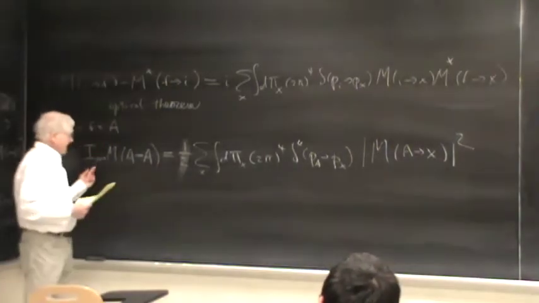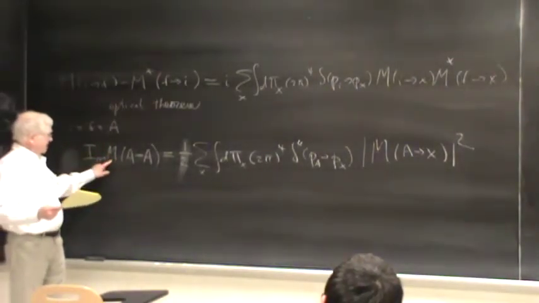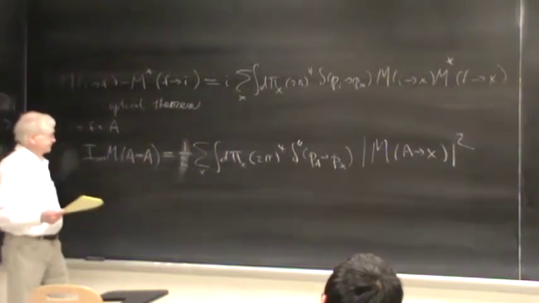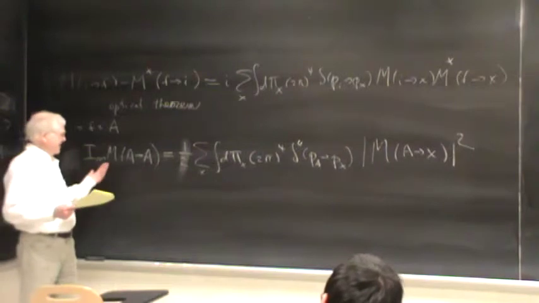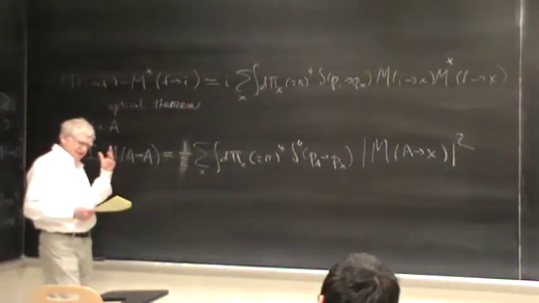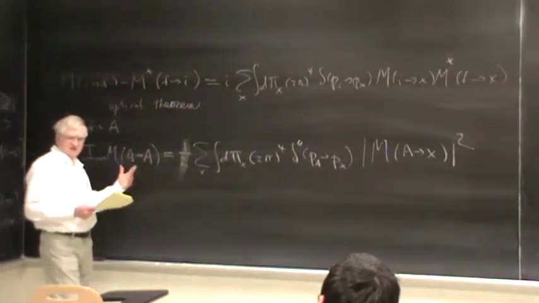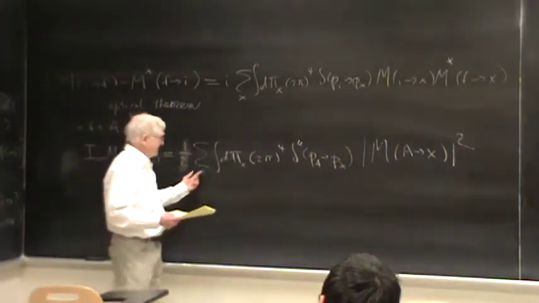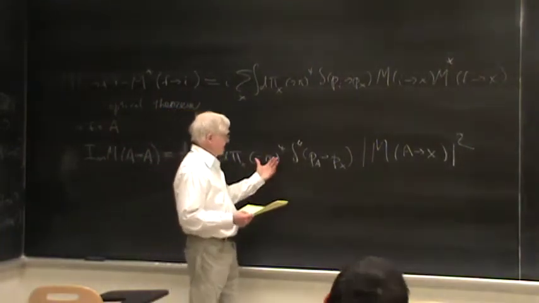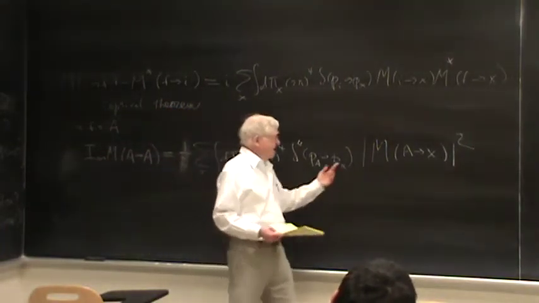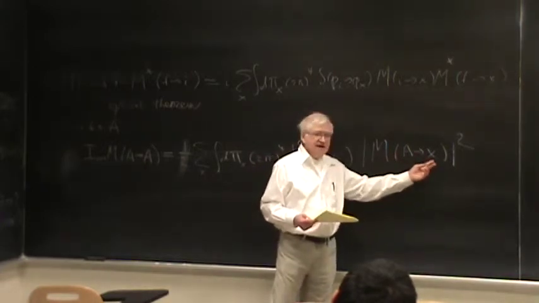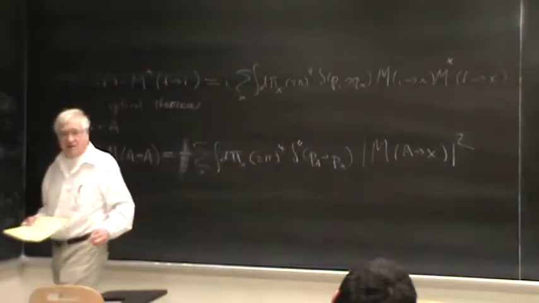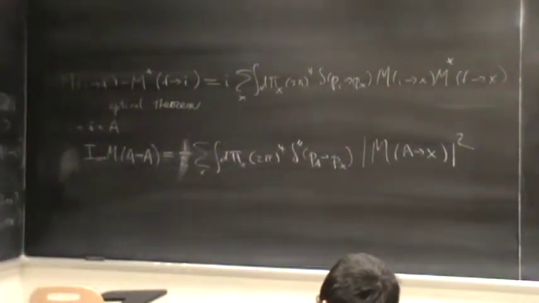So what we've got is that the imaginary part of the amplitude for the process A goes to A is really the imaginary part of some forward scattering amplitude, if it's a scattering process, because these two are exactly the same. It's a half the integral over some phase space of the matrix element for A goes to anything, squared, summed over everything. And so that's a very tantalizing thing.